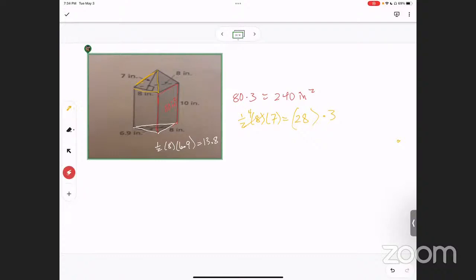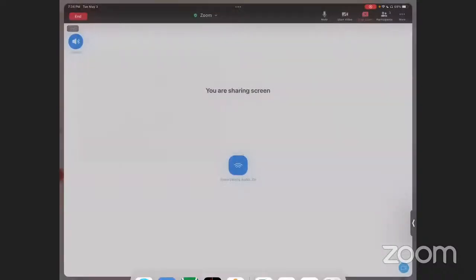Look what I did. I already took 8. I took half of 8, which is 4. See how this was 8 and 7? So I did 1/2 of 8 times 7. So I first just took half of 8, which is 4. Oh, I thought 4 times 7 is 28. I thought you were supposed to do half of 28. Okay. All right. Okay, so then 28 times 3 is 84.